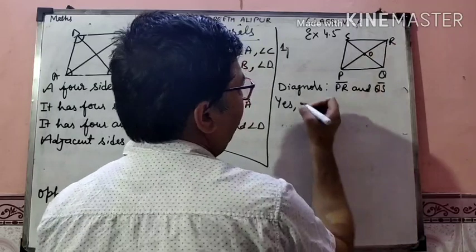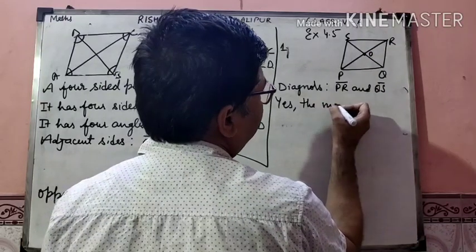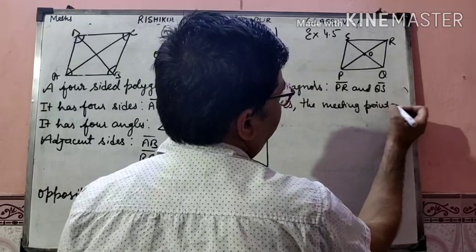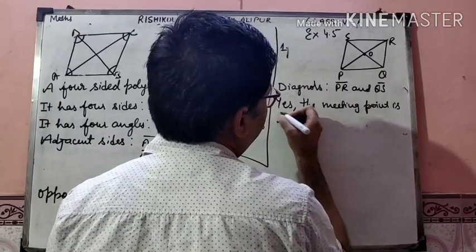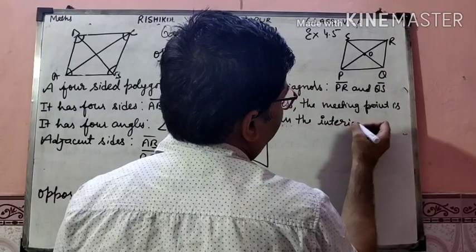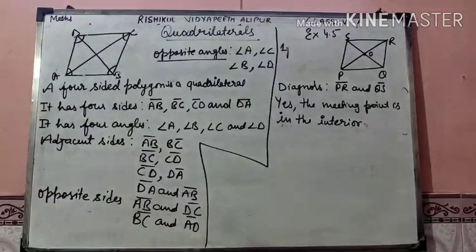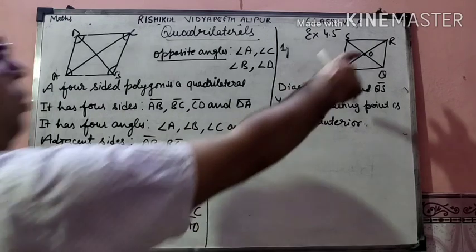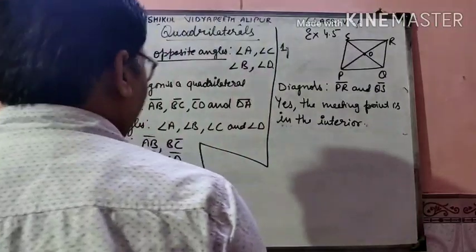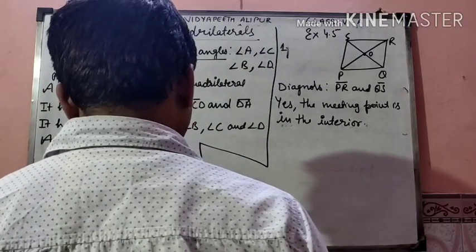They are meeting at O. Yes, the meeting point is in the interior. Any doubt? These are two diagonals and they meet at O.